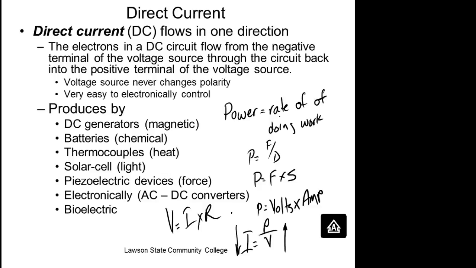If I could use 750,000 volts, then I could send 750,000 watts of power with only 1 amp of current. If I tried to do it at 1 volt, it would take 750,000 amps of current.